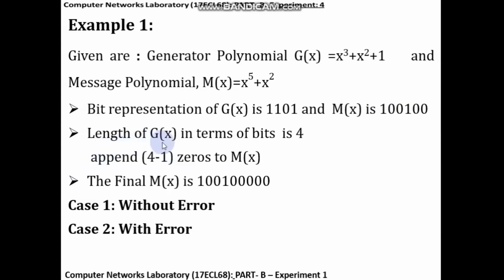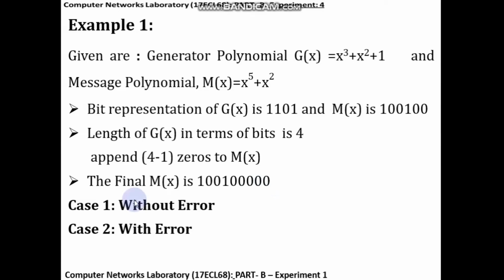The length of g(x), the generator polynomial, in terms of bits is 4. Therefore, we are going to append 4 minus 1 zeros to m(x) according to the algorithm steps. Here m(x) is 100100, and the final m(x) for the process is 100100, then 3 zeros appended.